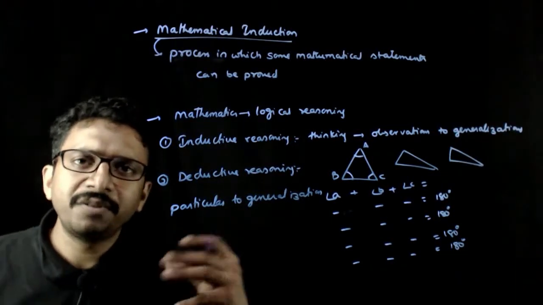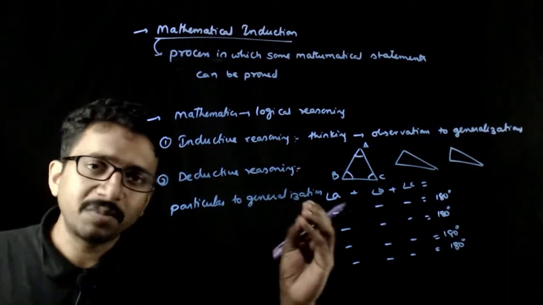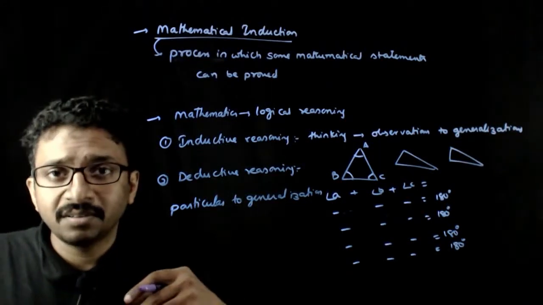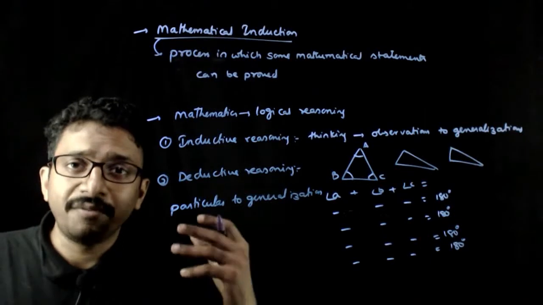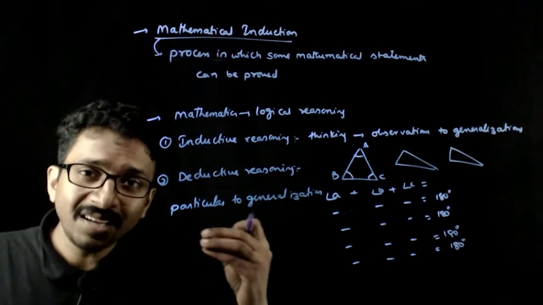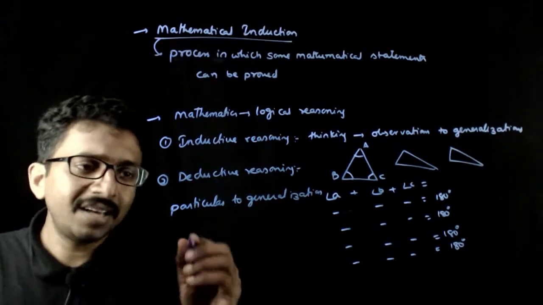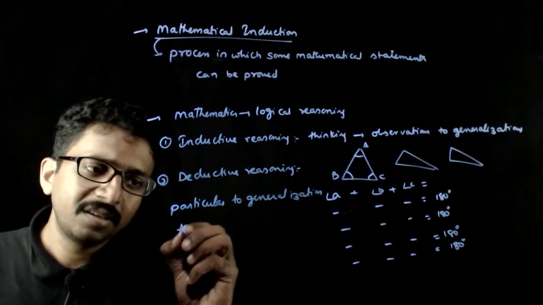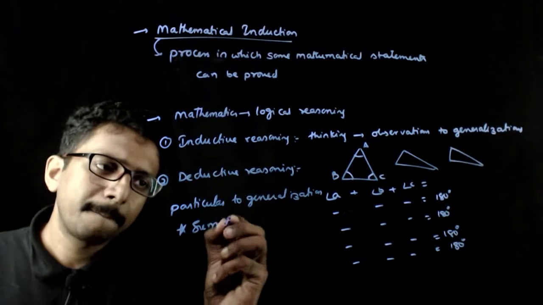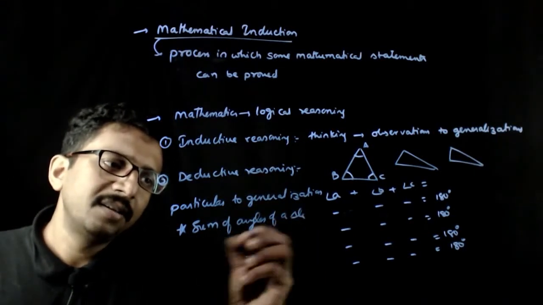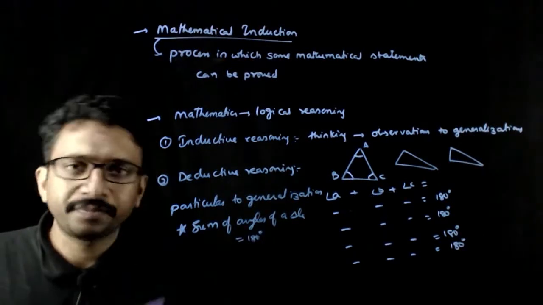I have observed the sums of angles of 10 to 15 triangles and all of them turned out to be 180 degrees. I hope that this is not a fluke. So maybe there is a general law that is governing the sum of angles of a triangle. So I state a mathematical statement: the sum of angles of a triangle is equal to 180 degrees.